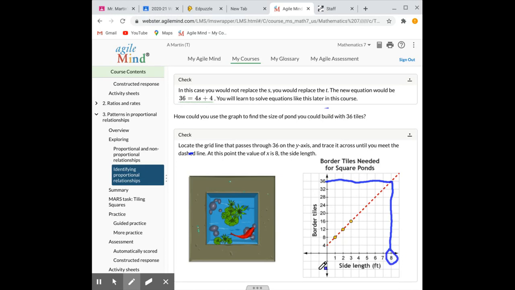All right. So there's two ways that we could have done that. We could have solved it like we did, or we could have used the graph to find that that side length was 8. Which way is easier? The way that you just did?